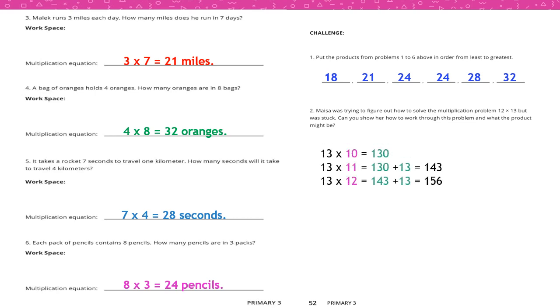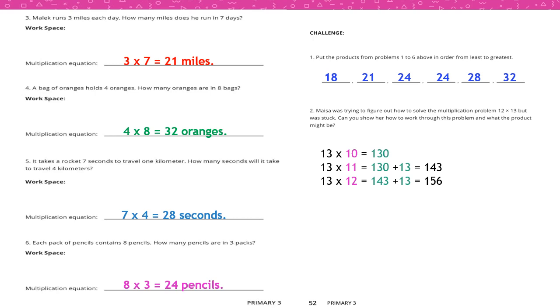If we said 13 times 10 equal 130, we know this. If we wanted to find 13 times 11, it means we repeated 13 one time more than 10.